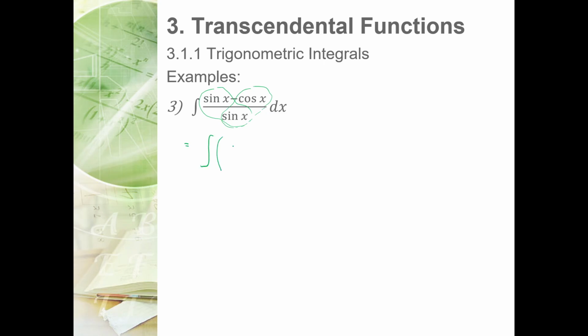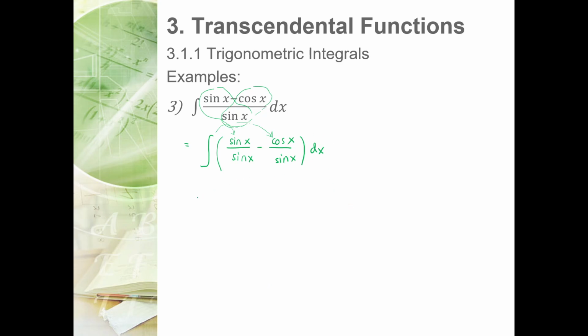Meaning sine x over sine x minus cosine x over sine x, dx. Notice I placed a parenthesis because I want to imply that the integral sign is applicable to the two terms. That is the purpose of enclosing it in a parenthesis.